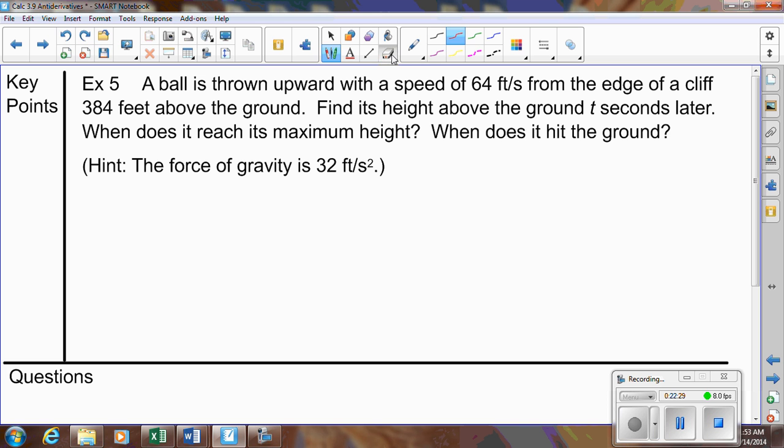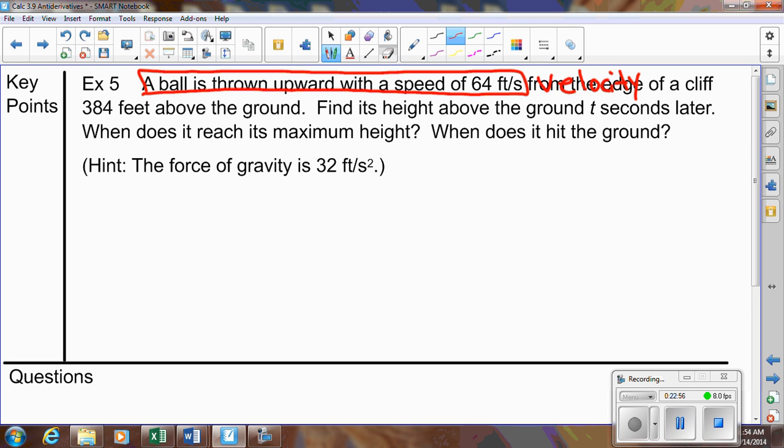Okay, so let's start by thinking through some pieces. What in the world is going on? Okay, so we're throwing a ball. It has speed. So when you throw a ball, what is this? That's velocity. Absolutely. It's important to recognize that we have velocity.